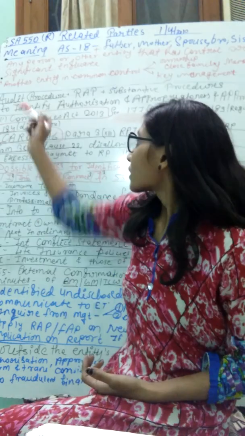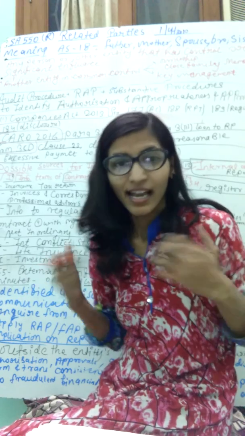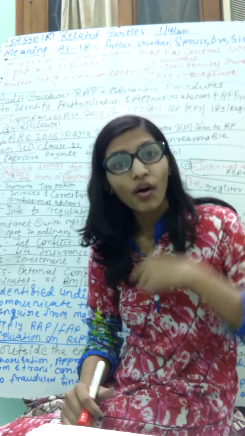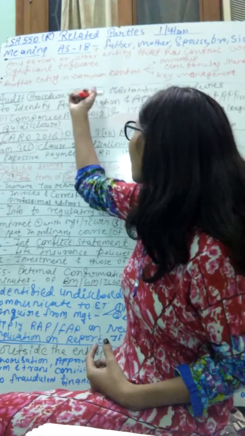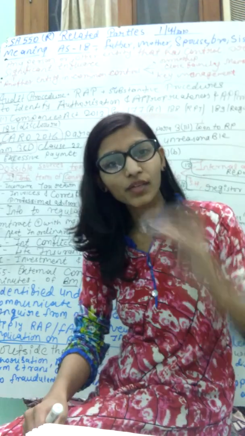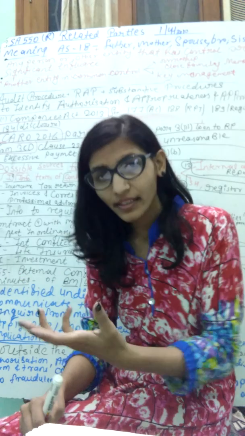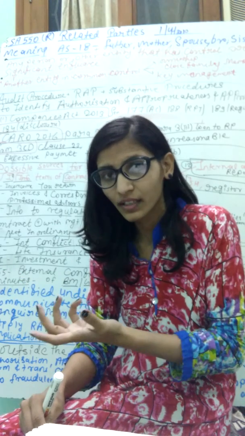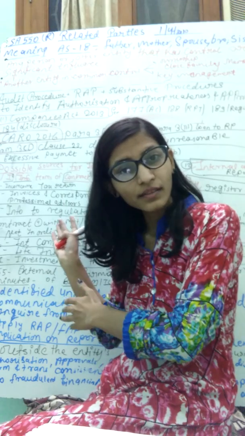Now the audit procedure, now our work starts. As an auditor, what are our duties? We apply risk assessment procedures and further audit procedures to identify the related parties of that entity.